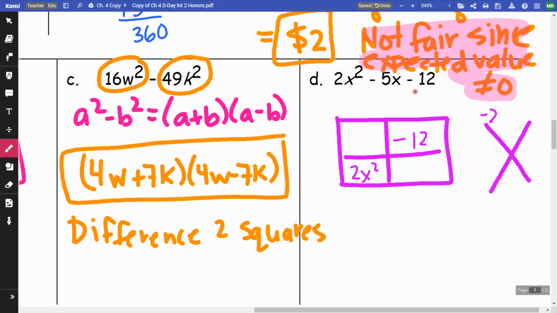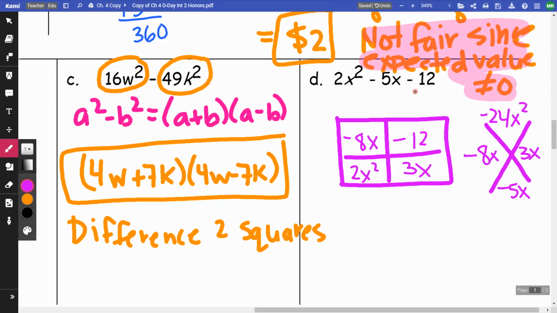Those multiply and give me a negative 24x squared. And it needs to add to my negative 5x. So this is where you have to be careful with your signs. It is going to be a positive and a negative that are multiplying. So really, I want a difference of 5. But since my sum is negative, my bigger number is going to be negative. So it's going to be a negative 8x and a positive 3x. It doesn't matter which box I put which.